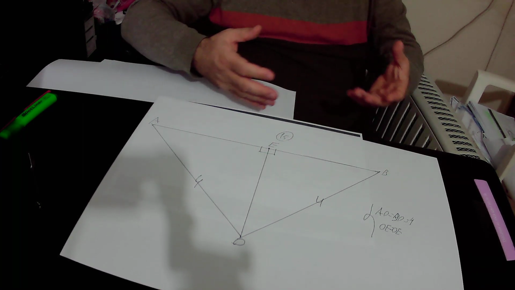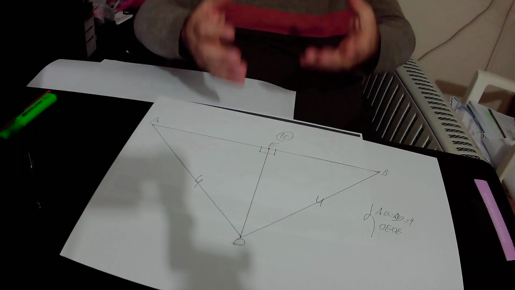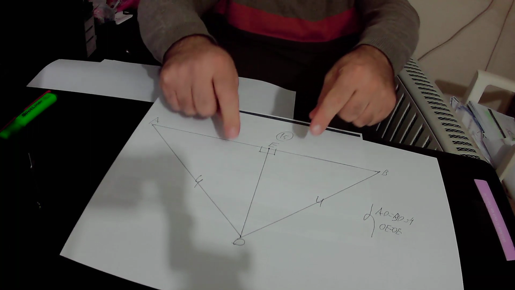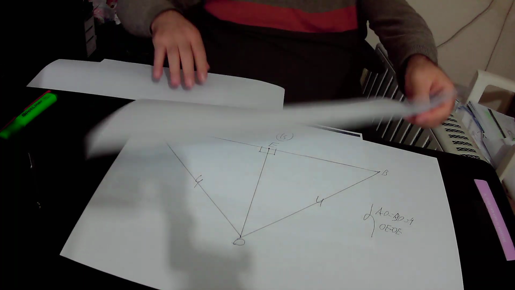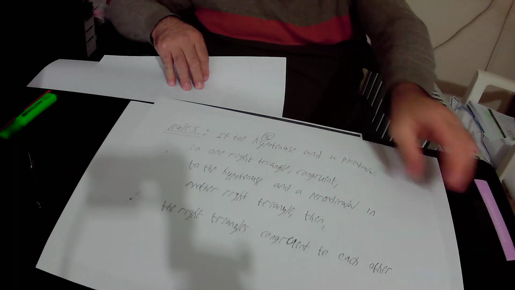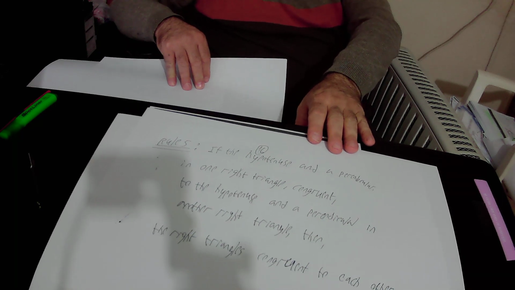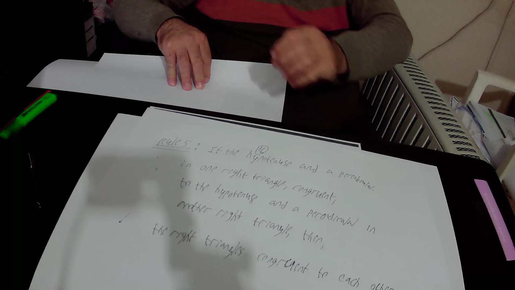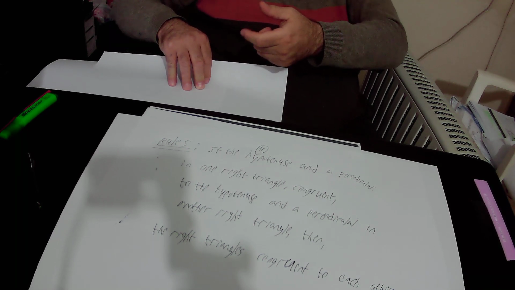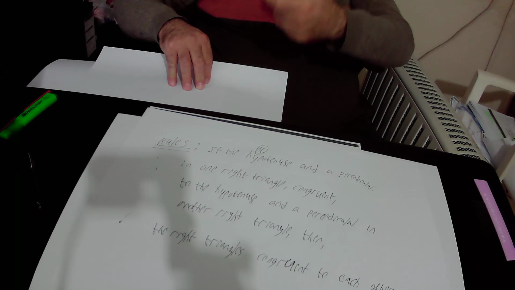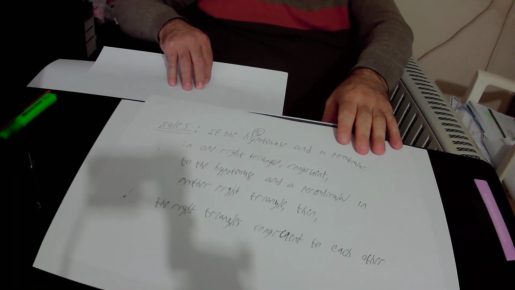So in this way, we proved according to rule number 5 that those two right triangles can go into each other. What is rule number 5? Rule number 5 states that if the hypotenuse and a perpendicular in one triangle are congruent to the hypotenuse and the perpendicular in another right triangle, then the right triangles are congruent.